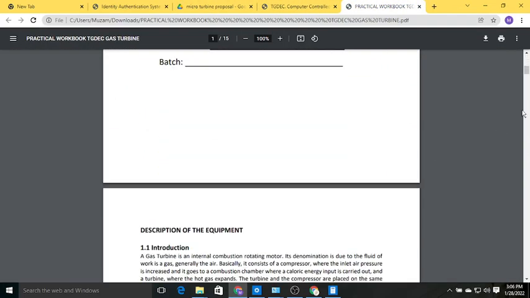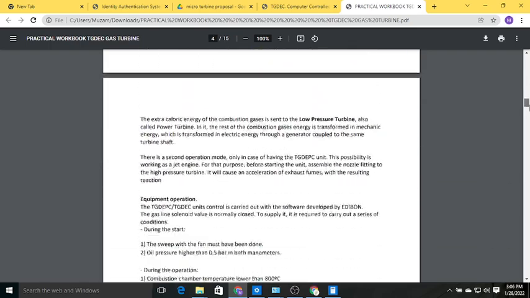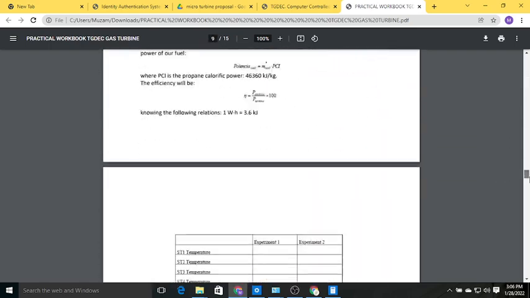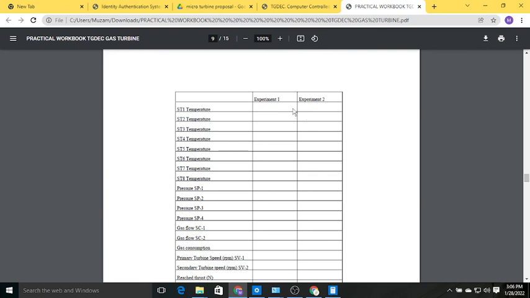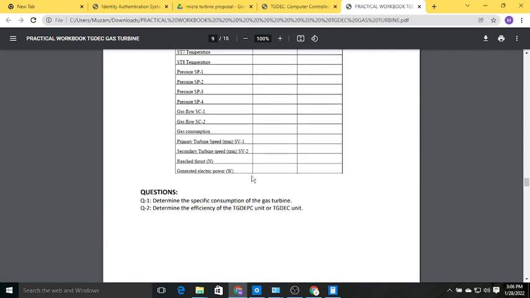Now come towards the main parameters which we need to calculate. You note all these parameters. Now you have to calculate the thrust, electrical power, and one more thing I should place over here, specific fuel consumption.